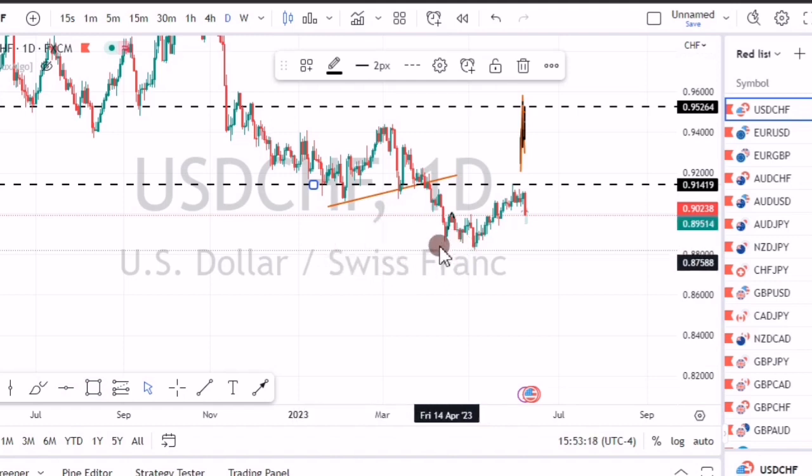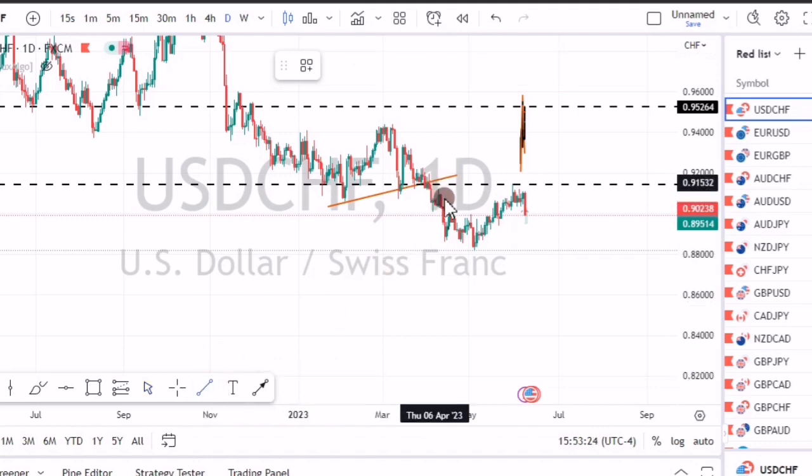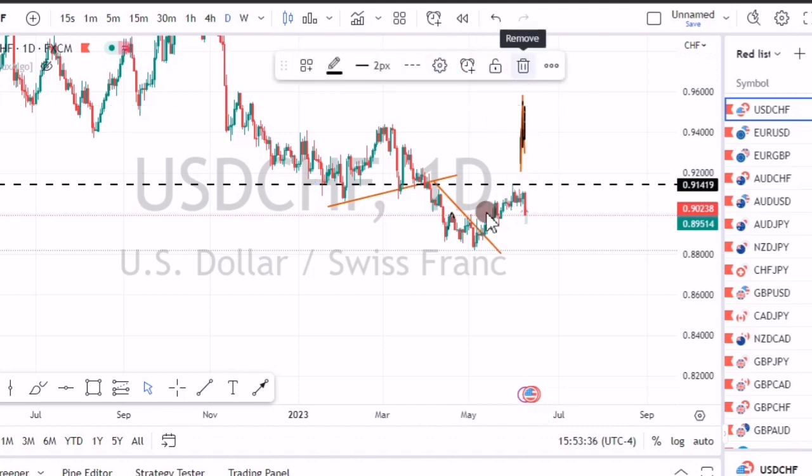Okay, and when price broke out, let's draw this, it then broke out again here and came back to test this region. Okay, let's remove this so that it doesn't confuse us.